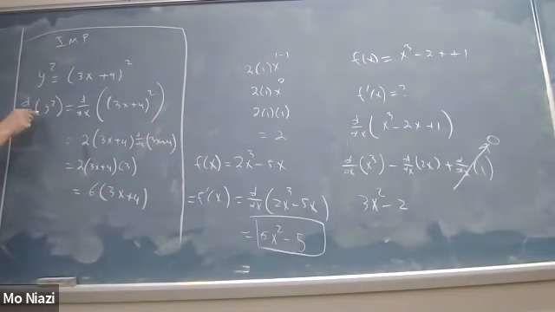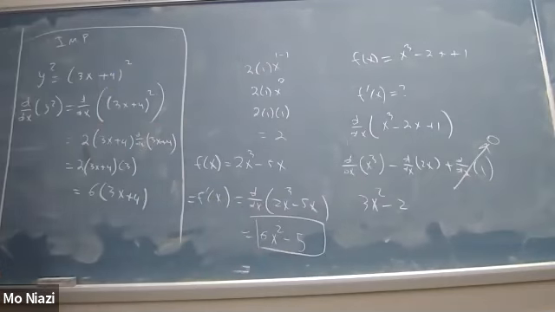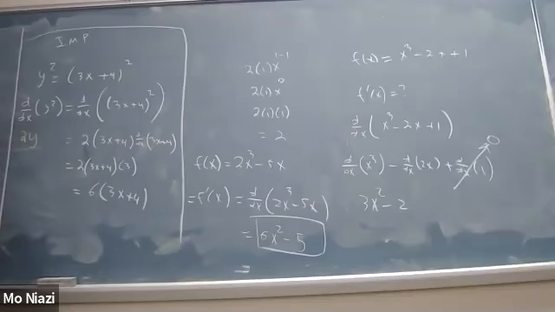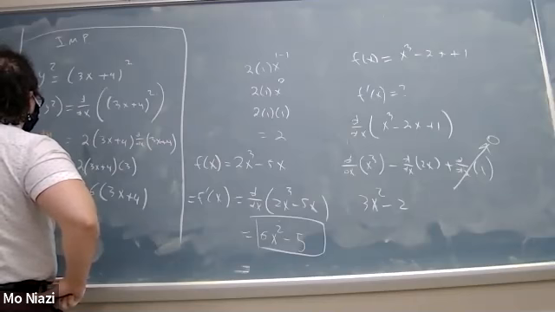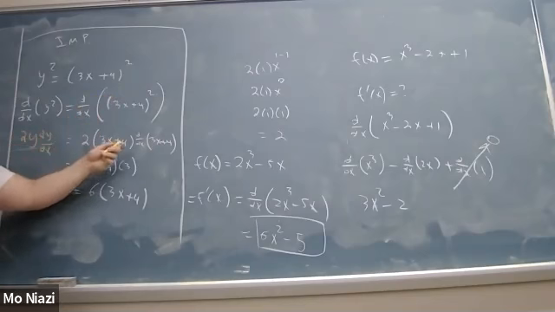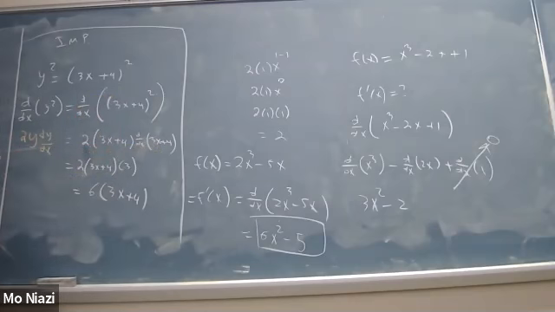Now, here's where things get different. And I'll do it with the yellow. Power rule brings the 2 down, so this becomes a 2y. But now we have to have a dy dx. Why? Well, remember when we did the derivative here, we brought the 2 down, we repeated the value, and then we did d dx of the inside. Same thing is going on here, because y is a function of x.